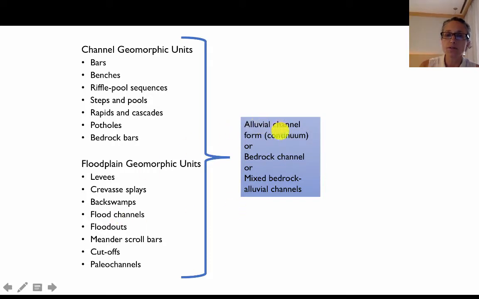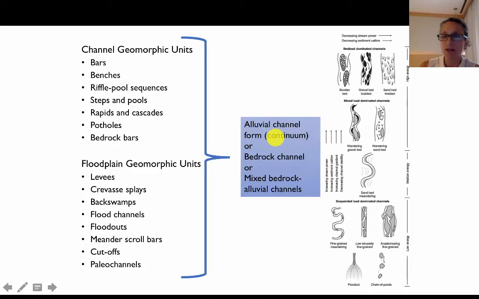And the form of an alluvial channel we can describe as a continuum from a braided to a more meandering planform. And in this continuum, we have a low energy flow down at the bottom to high energy flow at the top. And from left to right, we have size of sediment, so large sediment, small sediment, that's this decreasing sediment caliber here.